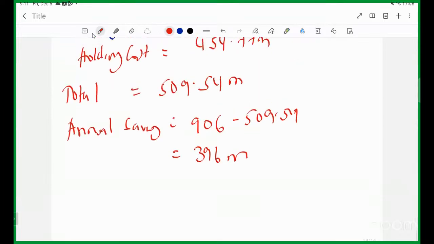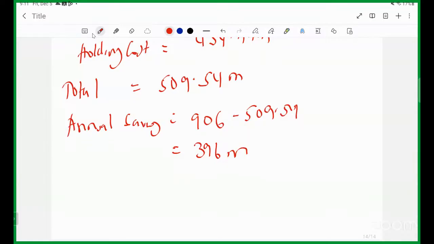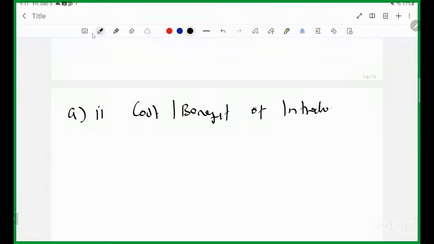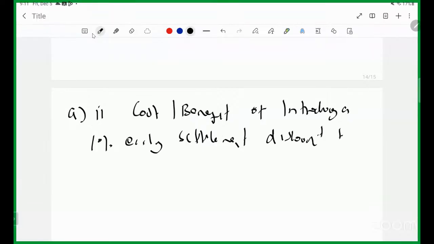So part 2, they wanted you to find the cost benefit analysis for the 1% early settlement discount to customers. That is part A2. You bring the heading: cost benefit of introducing, you have to be orderly, a 1% early settlement discount to customers.